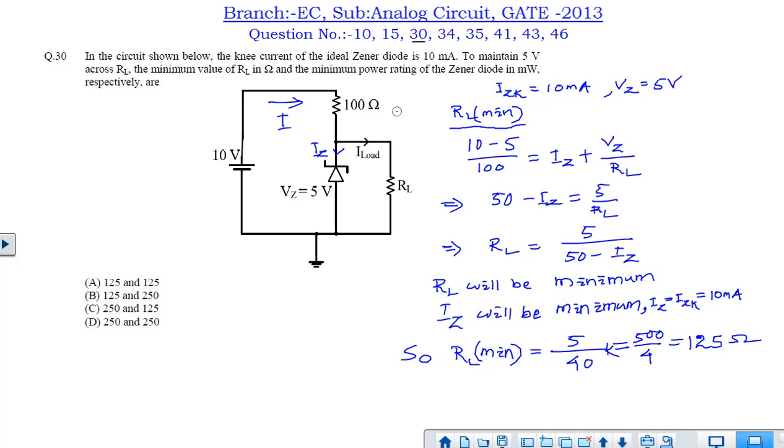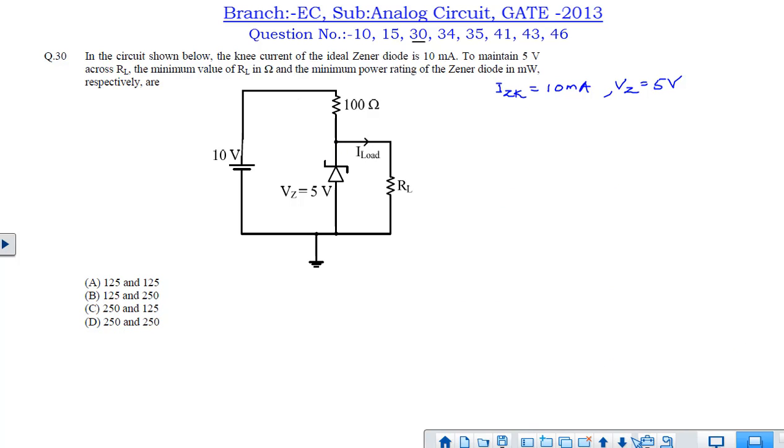Next, we have to find out what is the power rating of the Zener diode. Power rating is nothing but the maximum power that can be handled by the Zener diode. That is, in the worst condition, it can allow that much maximum current to flow across this Zener diode.